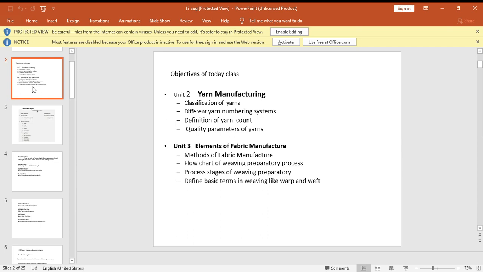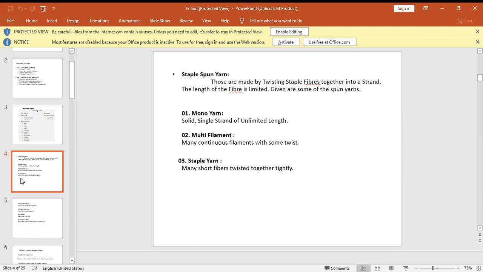In this class we learned the elements of spinning, that is the classification of yarns, how each is obtained, and how by twisting yarns or combining yarns we get mono yarn, monofilament, staple yarn, etc.